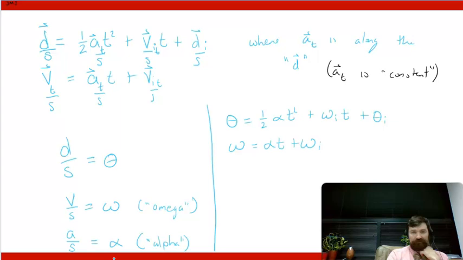And as a bonus, I can even say that 2 times alpha times change in theta is omega final squared minus omega initial squared. And these assume that alpha is constant. So assumes a constant alpha. And these terms are basically the angular kinematics quantities. So angular kinematics.